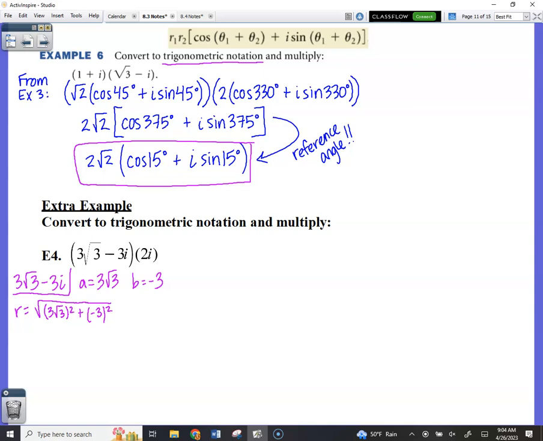So if you go to your calculator and you enter parentheses 3 root 3, close parentheses, squared, plus parentheses, negative 3, close parentheses, squared, you should get 36. Double check that. Make sure you can enter that correctly. And what is the square root of 36? 6.